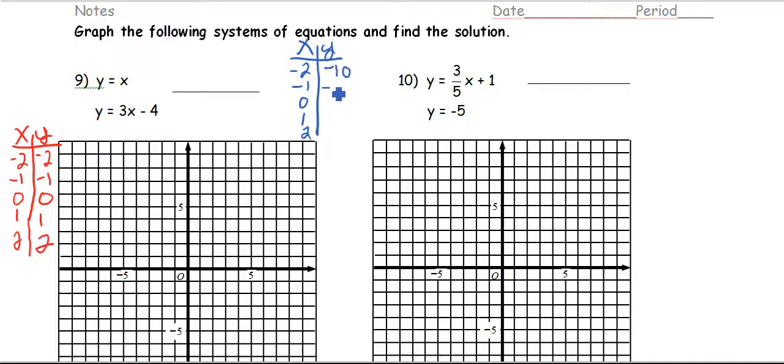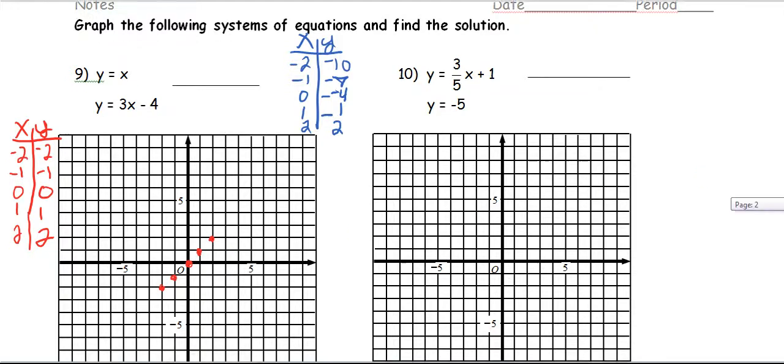It's -10, -7, -4, -1, and then this will be 2. And then I will plot my points on the graph. So I have -2, -2, -1, -1, 0, 0, 1, 1, and 2, 2.